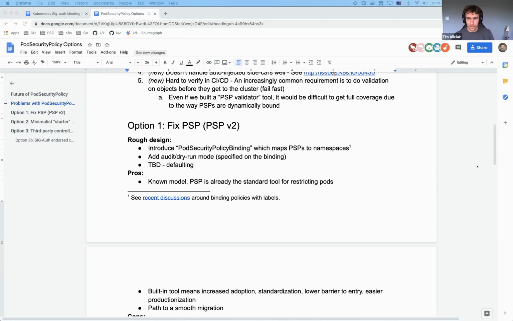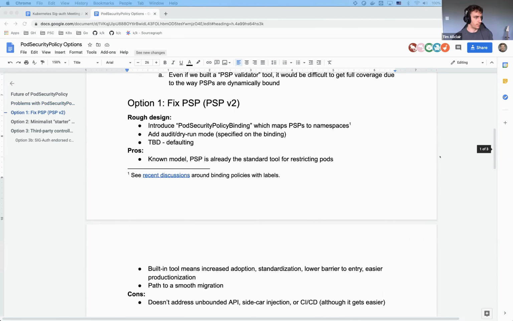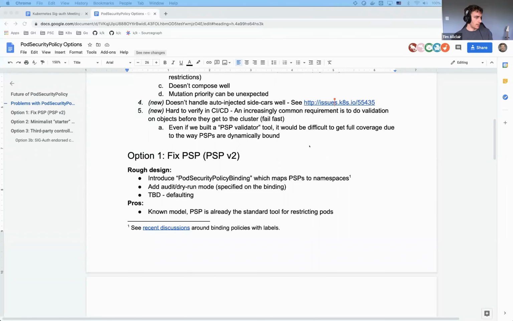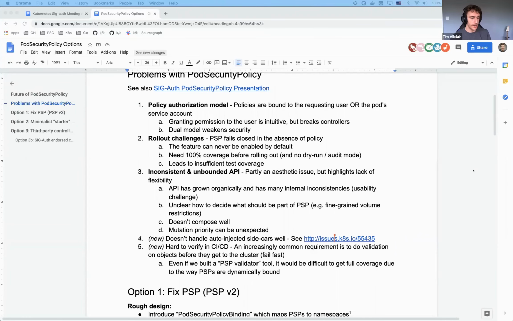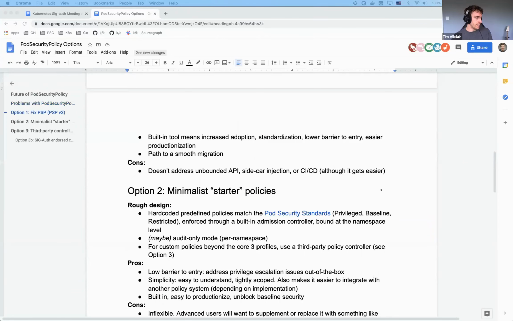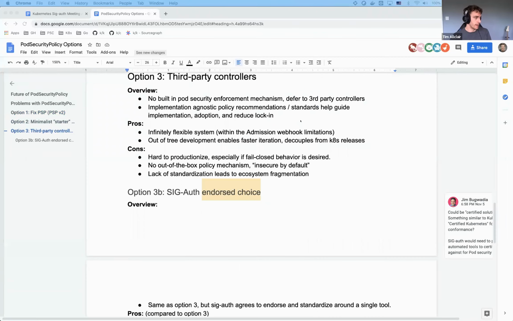So there's kind of 3 or maybe 3.5 options that we've discussed in the past for what to do with pod security policy. And just really quickly, that's basically fix pod security policy, call it PSP v2 if you want, or v1 or whatever, but try and address some of these challenges that we just called out in something that looks more or less like what we have as PSP today. The second option is, actually, let's skip ahead to the third option.